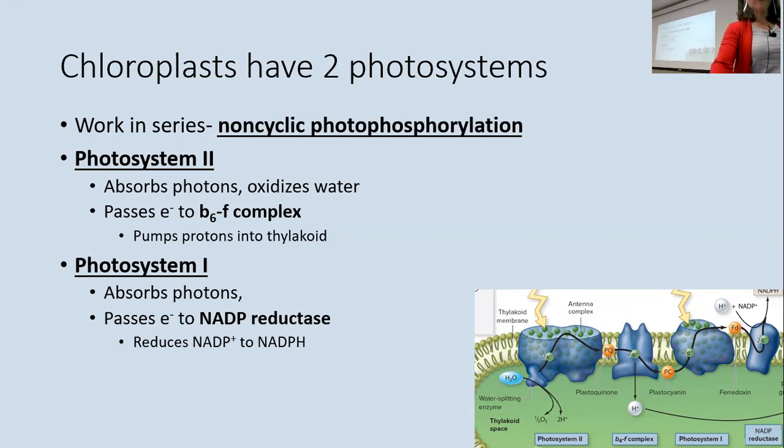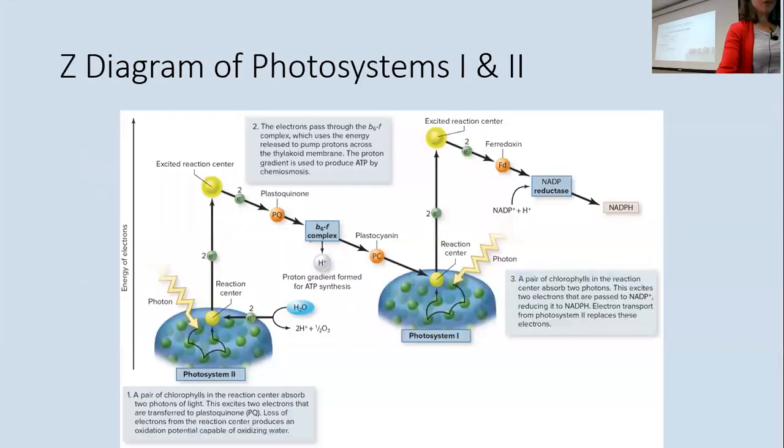All right, so this is happening. We're changing the energy levels of the electrons repeatedly as they go down through this process. Another way to think about it is to diagram this in terms of the energy of the electrons. There are electrons attached to these pigments. We bring in photon energy, it hits one of these reaction centers and we energize this electron.